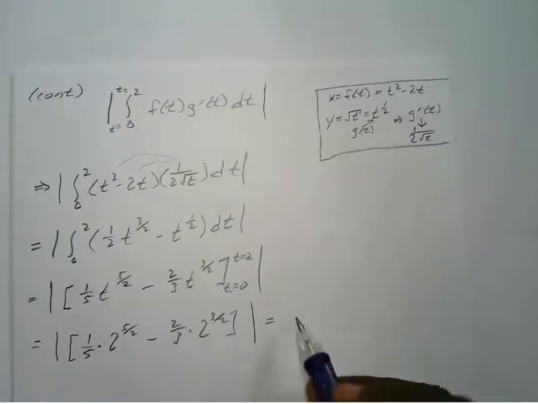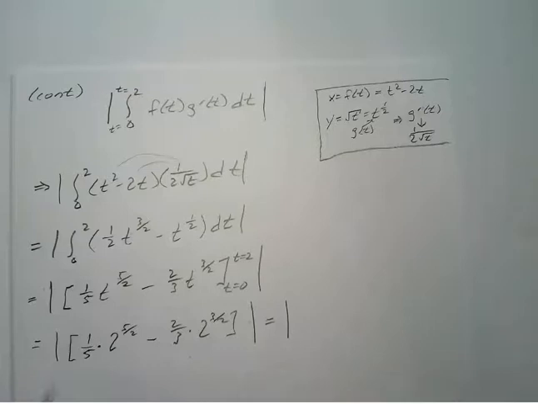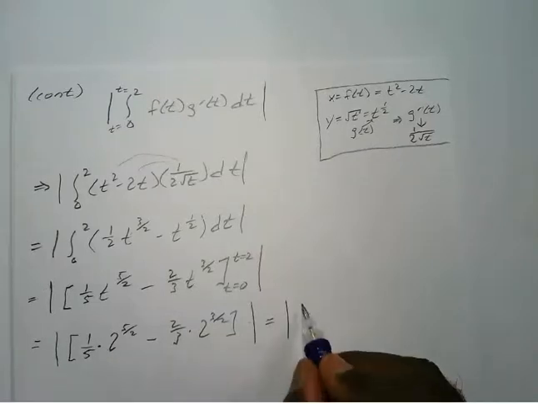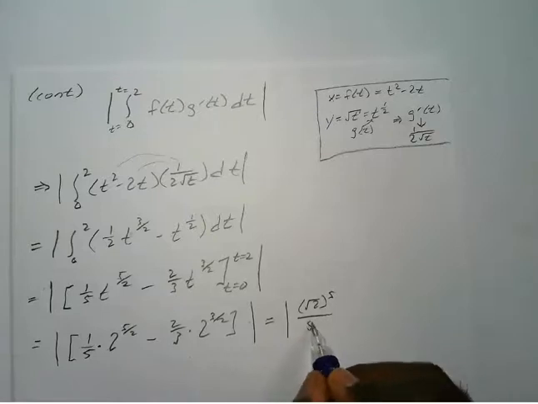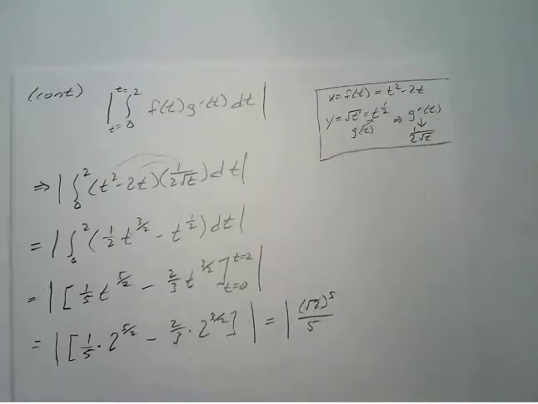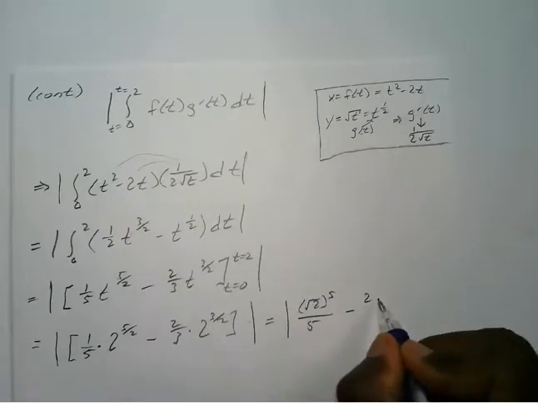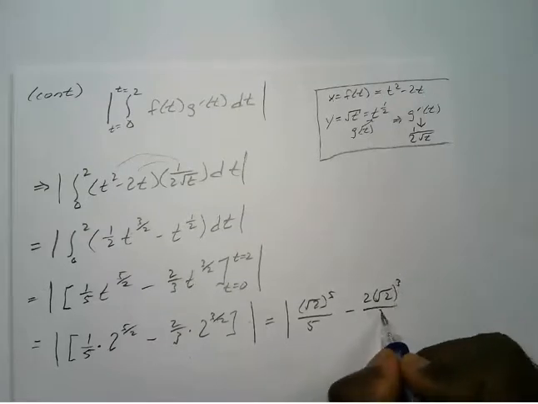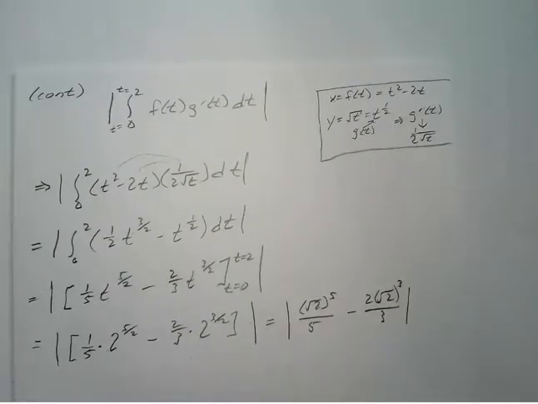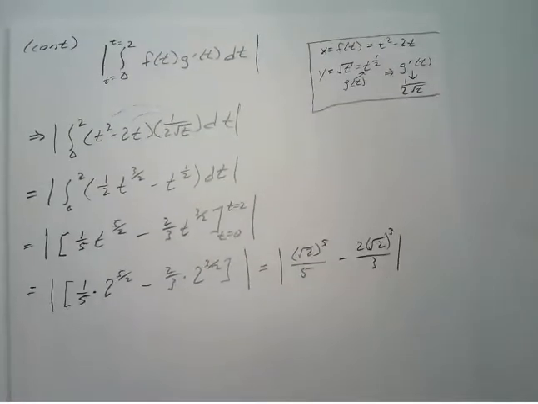Which is equal to, we rewrite this. This is just square root of 2 to the 5th power over 5 times the 1/5. And this is just square root of 2 to the 3rd power, or 2 times square root of 2, over 3. I just wrote it this way; it's a little bit easier to work with.